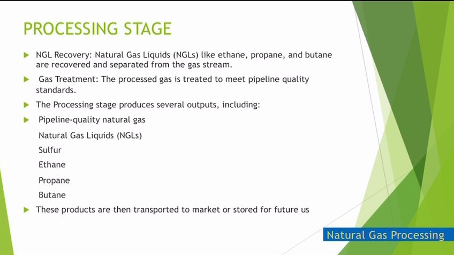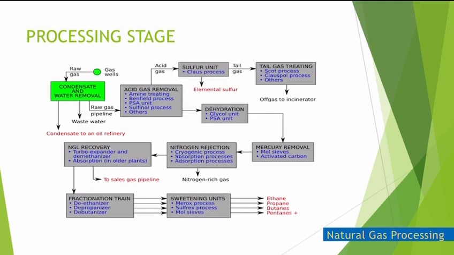The processing stage produces several outputs, including pipeline quality natural gas, natural gas liquids, sulfur, ethane, propane, and butane. These products are then transported to market or stored for future use. This is a diagram explaining the processing stage.